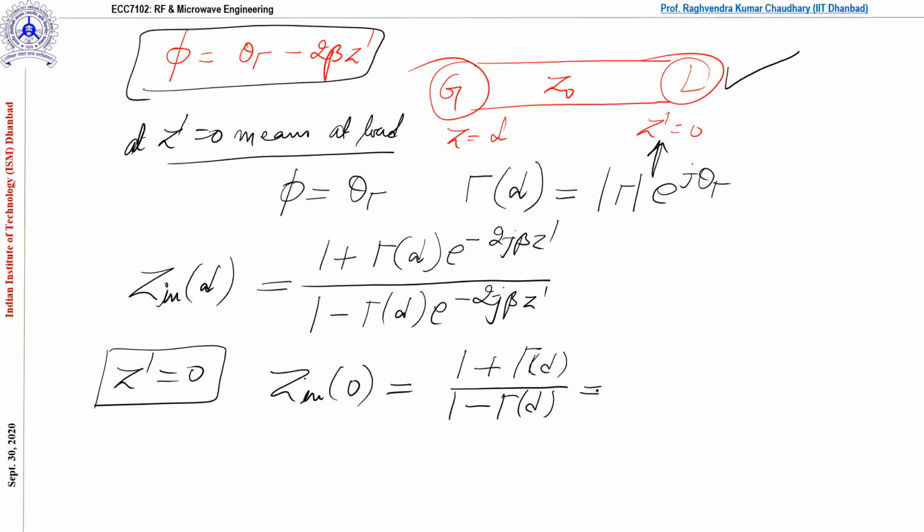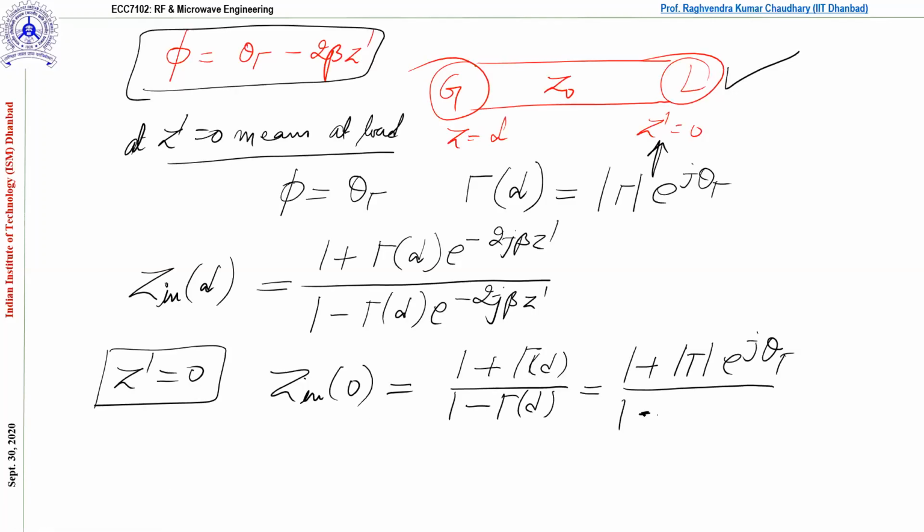Or in phase and magnitude form, we can write 1 plus mod of gamma e to the power j theta gamma, over 1 minus mod of gamma e to the power j theta gamma. So this is Zin actually.